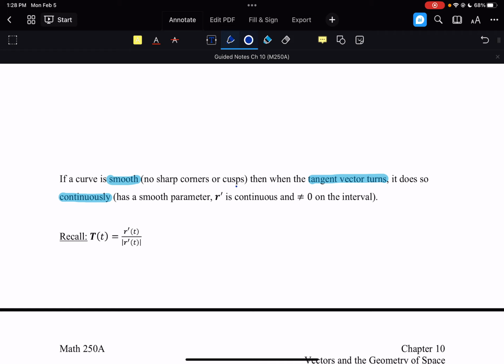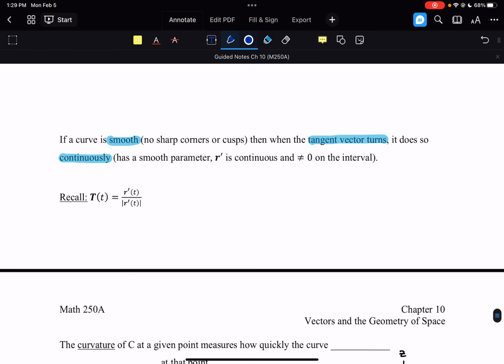So this is just giving us a little bit of setup, saying as long as the curve itself is smooth and we have valid differentiation at all of these different points, then the tangent vector will also turn smoothly and continuously. So in other words, no surprises when we come upon these processes. Remember the unit tangent vector, we saw this in the previous section, is just the tangent vector divided by its own length. We're going to use that here as well.